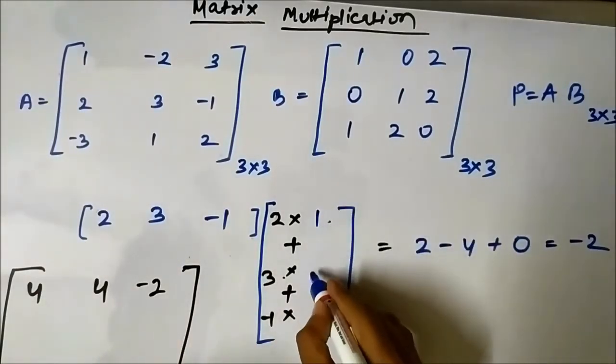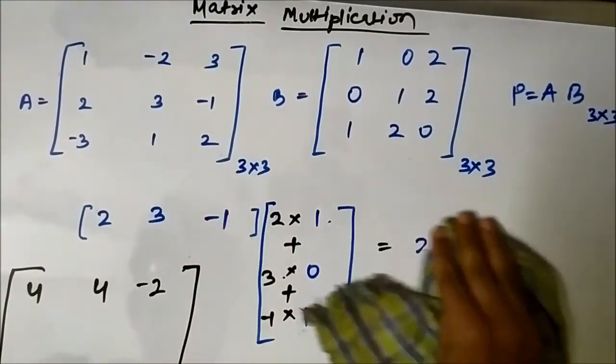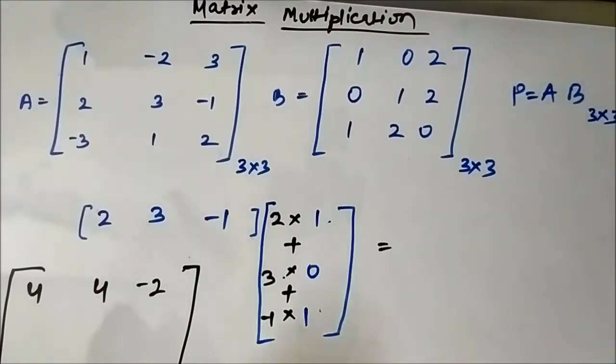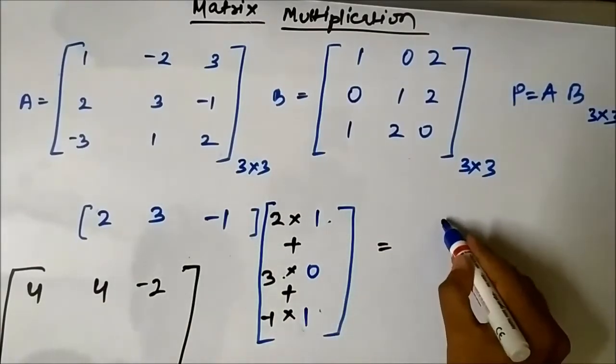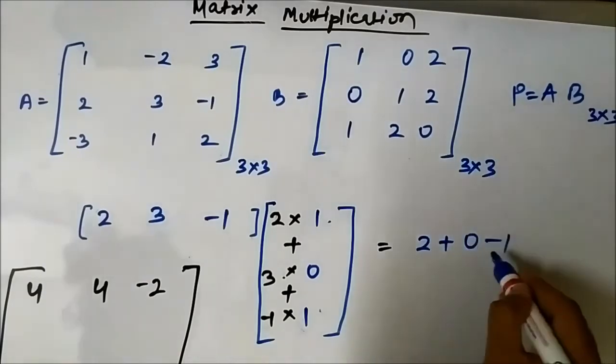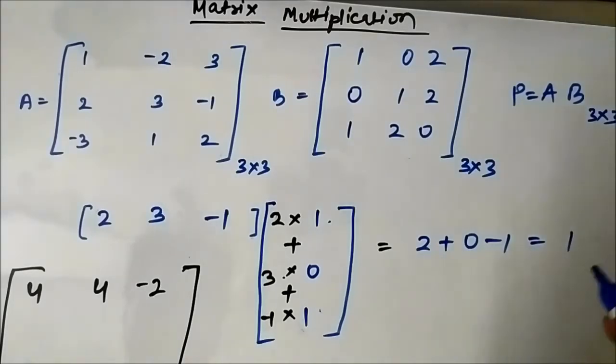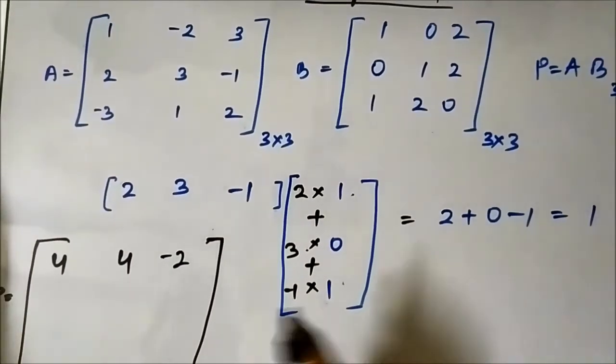The result is 2 plus 0 minus 1, which is equal to 1. So we got the first element of the second row of the product matrix, which is 1.